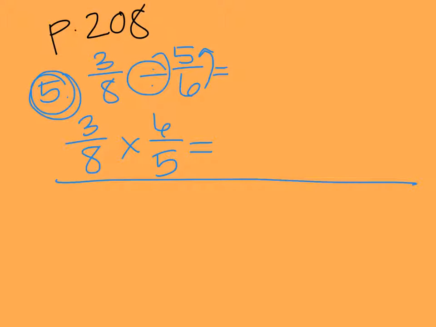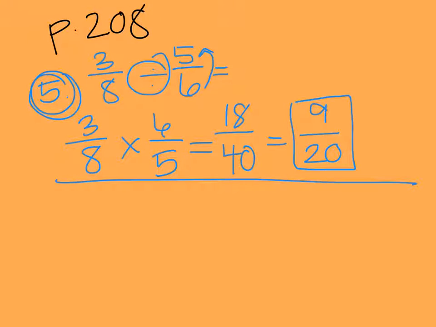Now I can go ahead and multiply across. 3 times 6 is 18. 8 times 5 is 40. And that's my answer. However, I do need to write it in simplest form. So to simplify that, I'm going to divide them by 2, which will give me 9/20. And that is my final answer. Pretty simple for our first one.